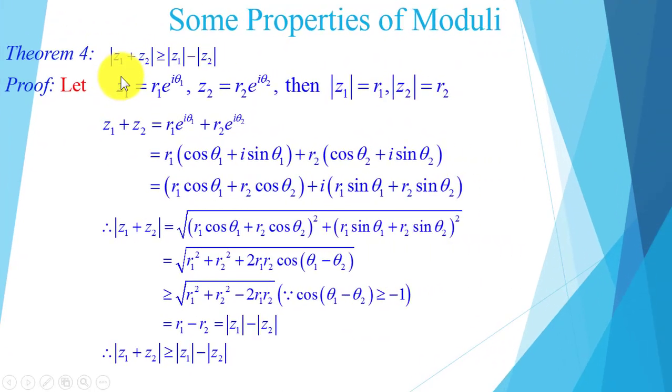Theorem 4. Modulus of z1 plus z2 is greater than or equal to modulus z1 minus modulus z2.